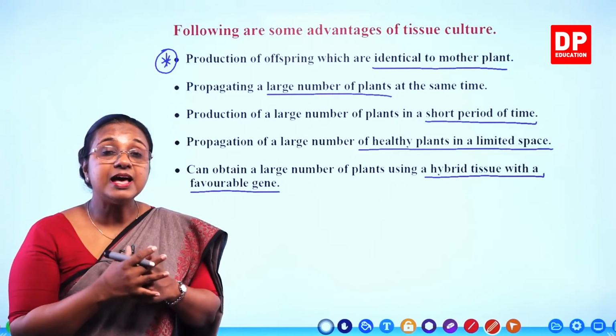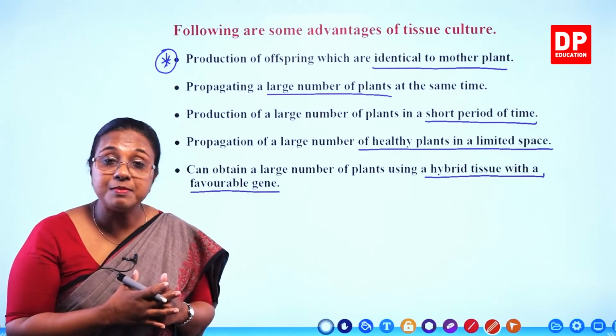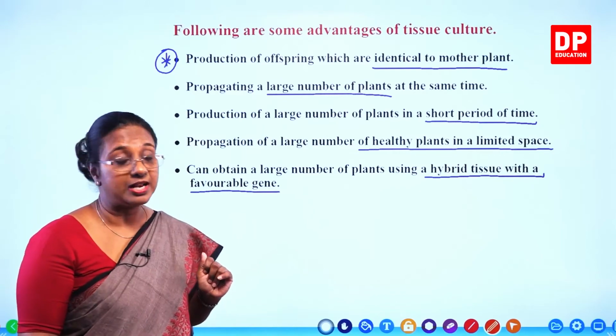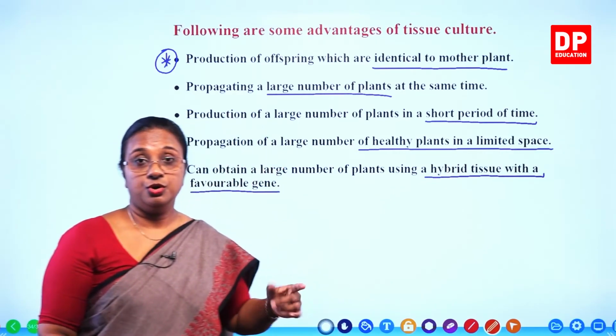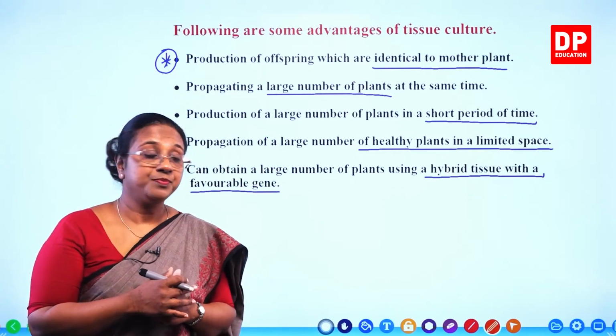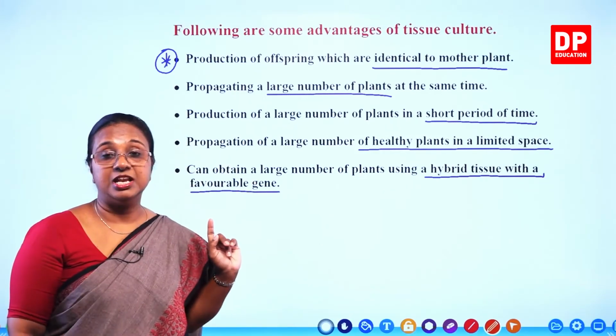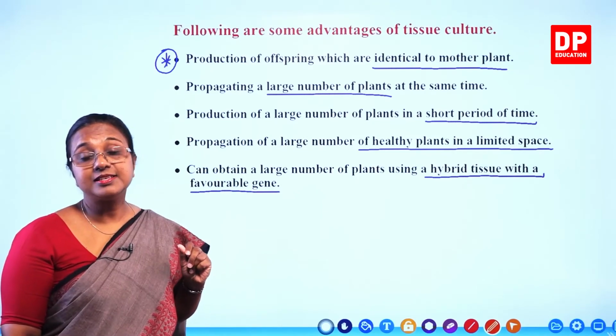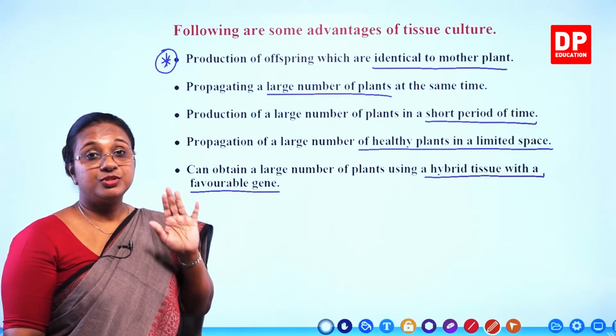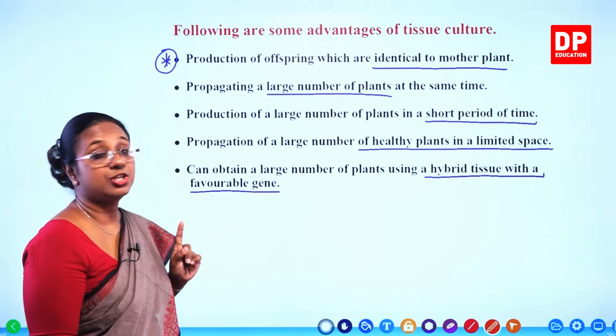Those desirable characteristics can be combined together in tissue culture. So, hybrid tissue. Both tissues are combined. And then from there we can get the favorable gene. All the desired characters can be obtained. So, that is an advantage in tissue culture.